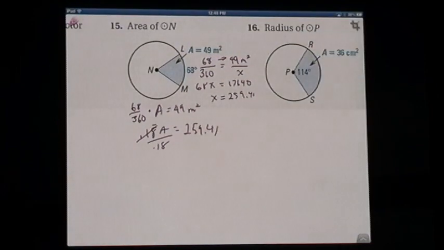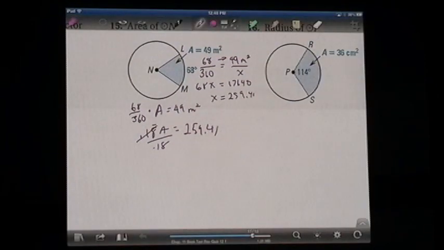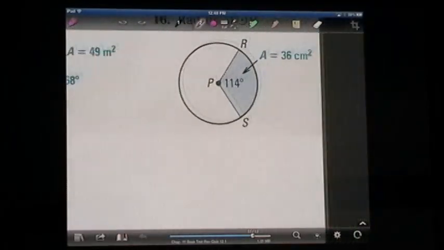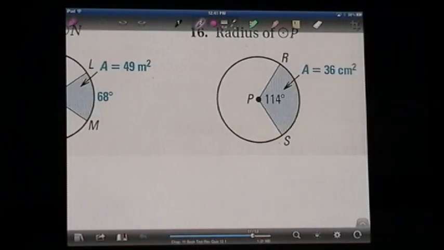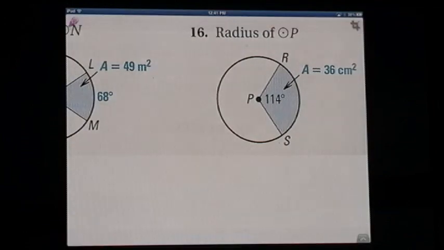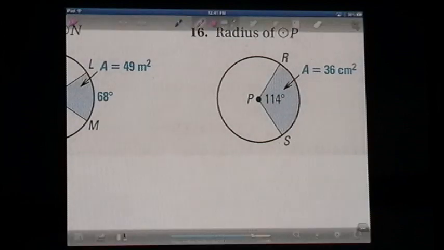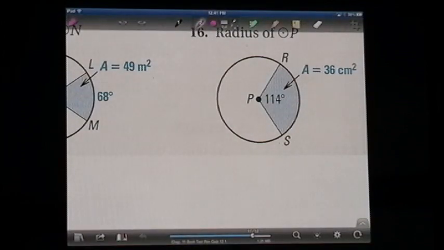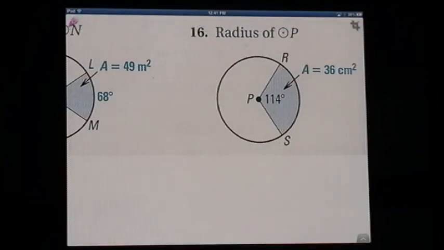All right, now this one is asking us for the radius, so this is going to require another step. We have the area of the sector. And they have a different equation in the book. I like to do it from a sense approach rather than just formulas, but you can use the formulas.